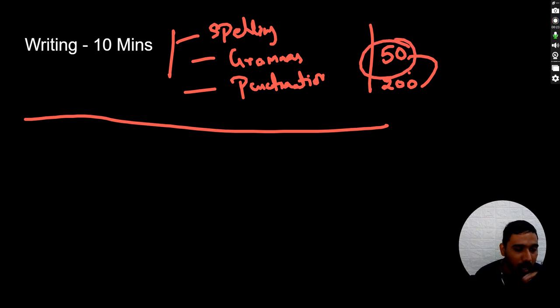So if they are saying that 50 is the limit, that means even by writing 50, you can still clear that test, definitely you can clear, correct? That is a logic which we need to understand here. So this is about the grammar, oh, sorry, writing part.